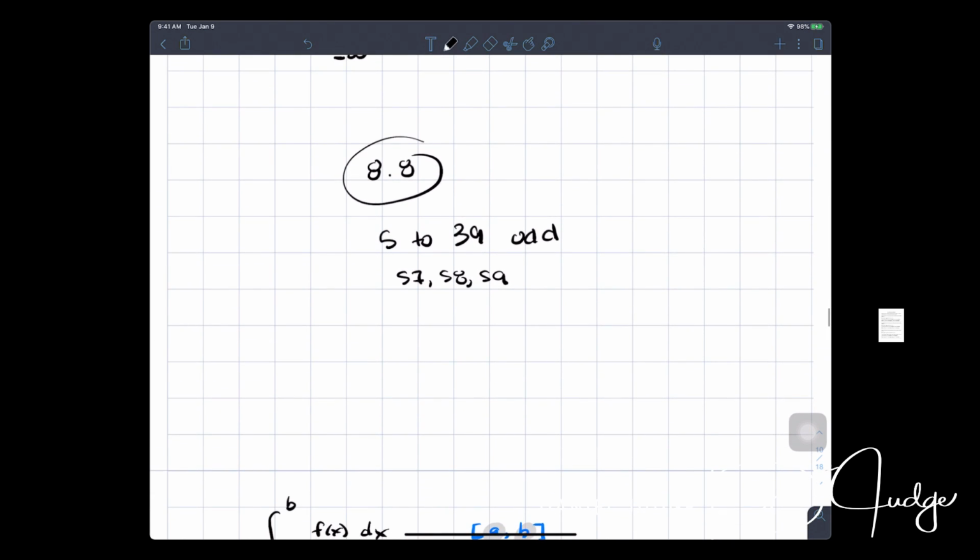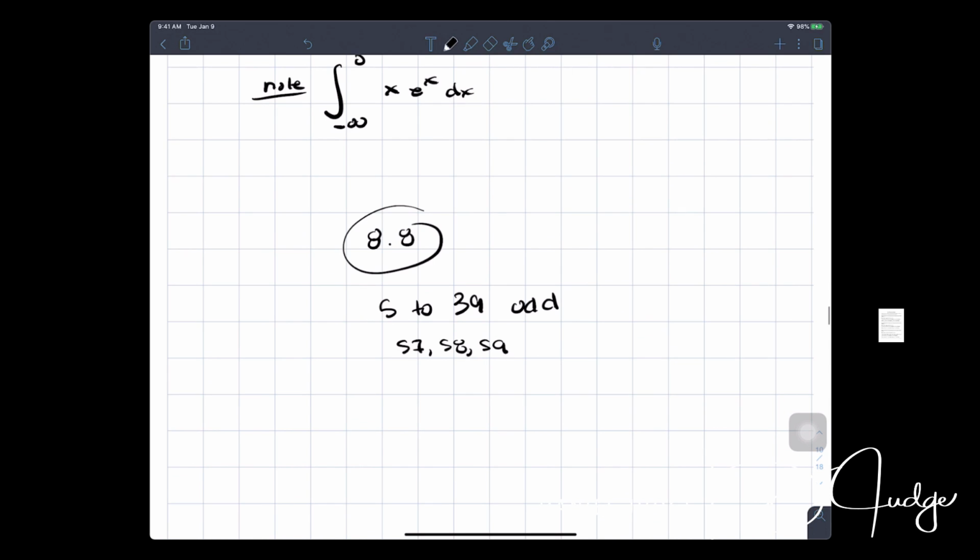Here was the improper integral homework. 8.8, 5 to 39 odd, do 57, 58, and 59. And like I said, I'm going to do some additional work for you guys this weekend, additional examples, and this will help fill in some of the gaps you guys may be experiencing, okay?